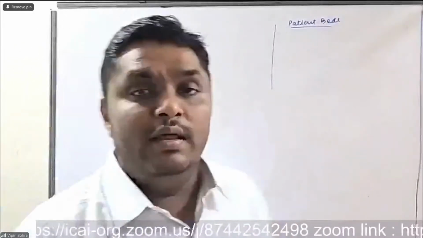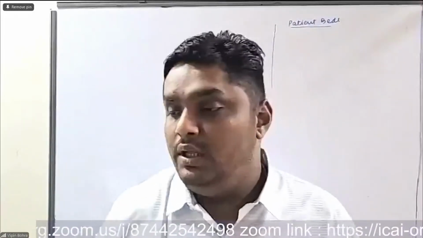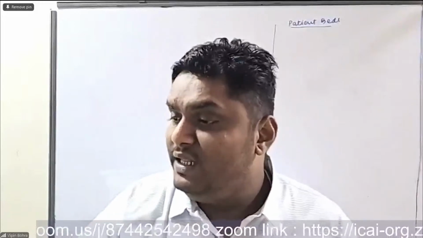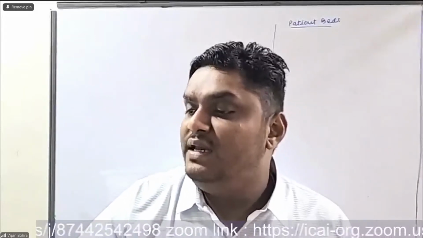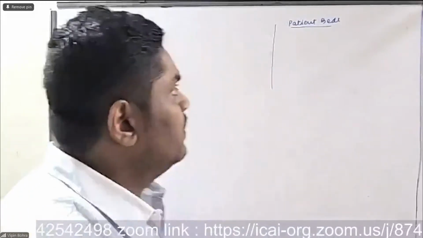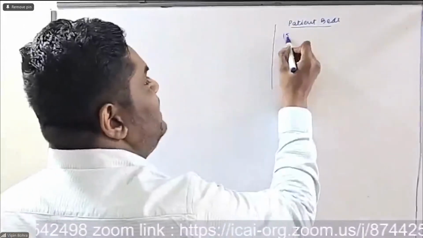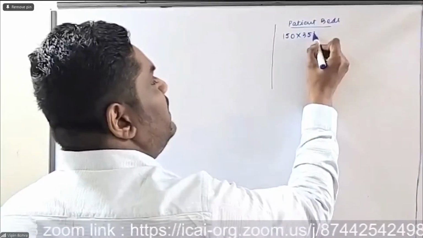And the patient bed means what? How many beds were overall occupied during the year. So here it is given in the question, it was estimated that for 150 days in a year, 35 beds are occupied. So for 150 days in a year, a total of 35 beds were occupied.